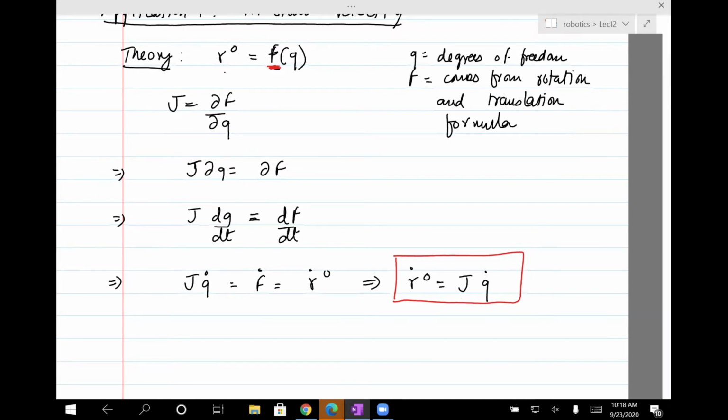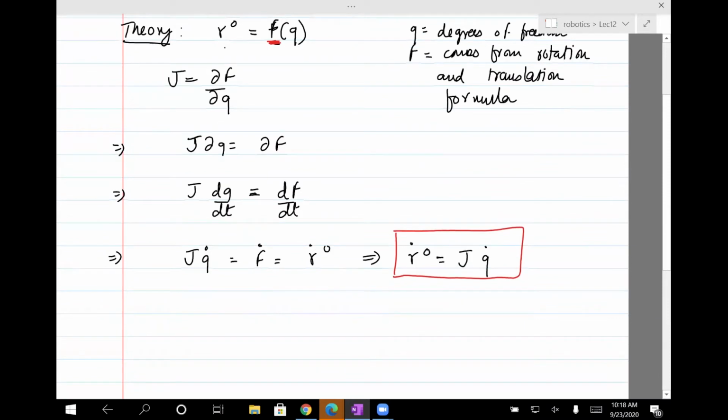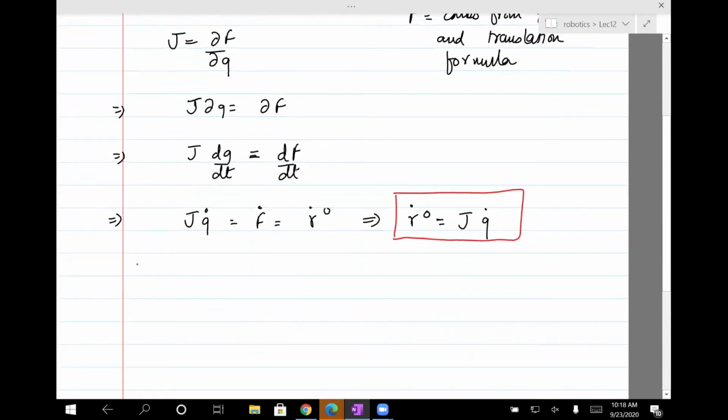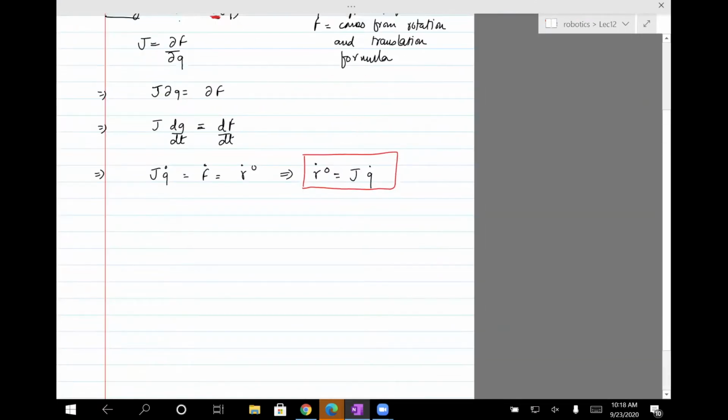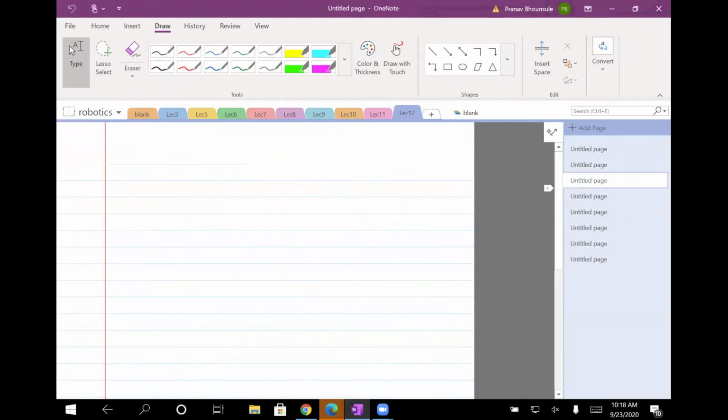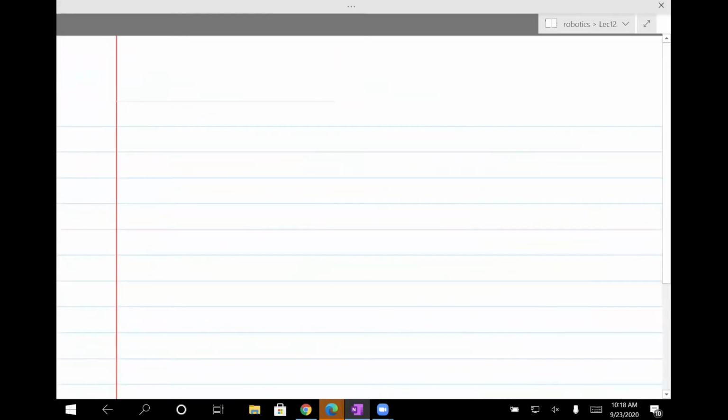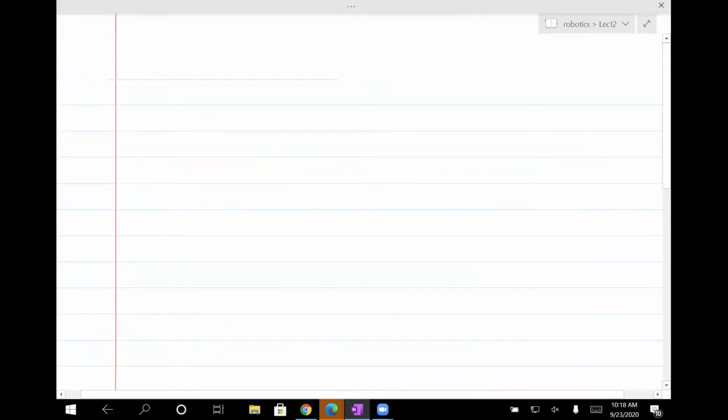Okay, so I'm going to draw the pendulum. The first link and then the second link.